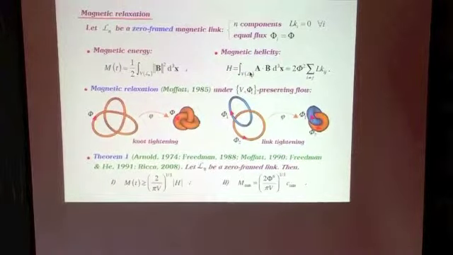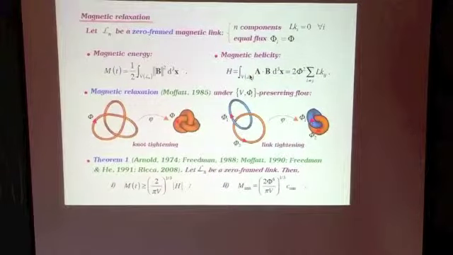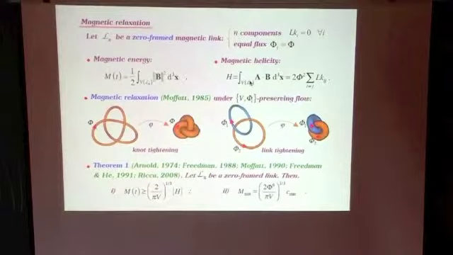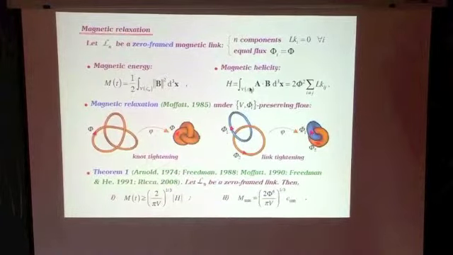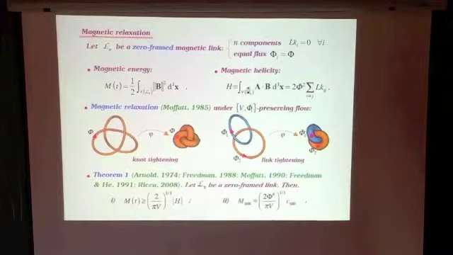That's exactly the sort of thing I want to talk about. So here we can say something about the minimum of the magnetic energy in terms of crossing number.